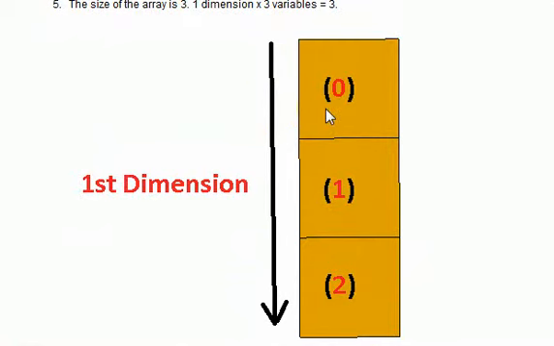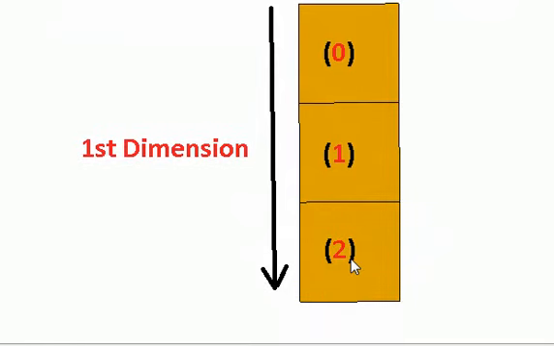So this is a one-dimensional array, and all it is a column with three rows. One column with three rows. You could have one column with a million rows, but the point is a one-dimensional array is similar to a single column with either one row or more than one row.